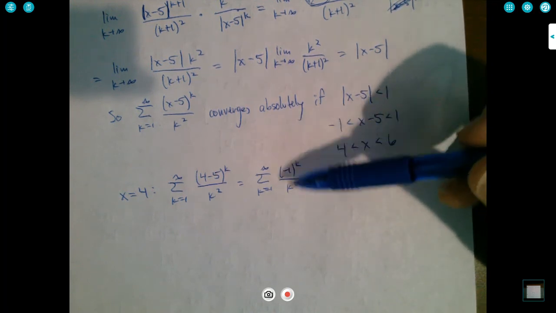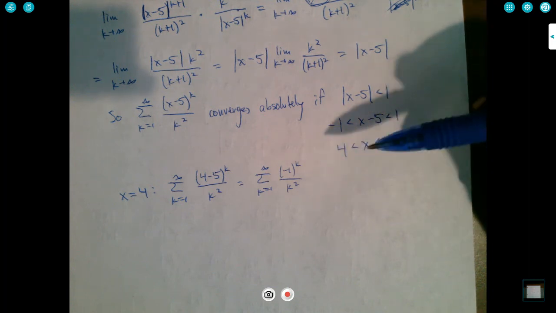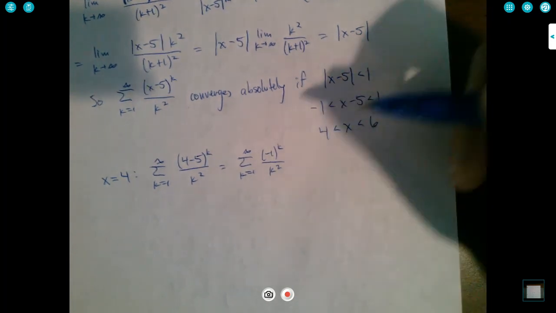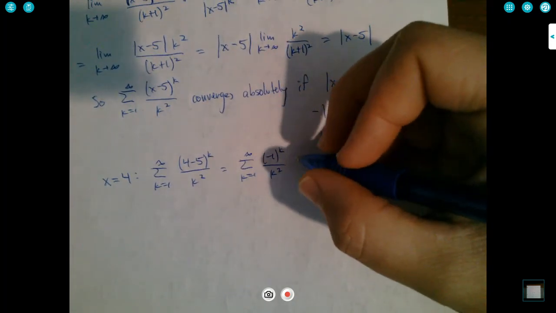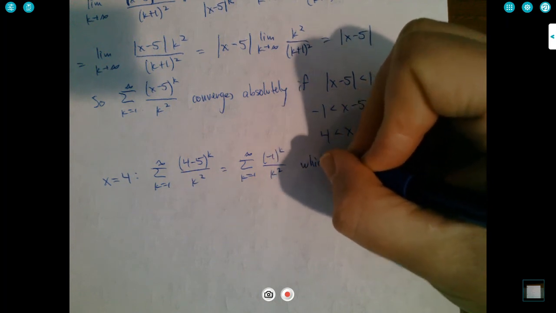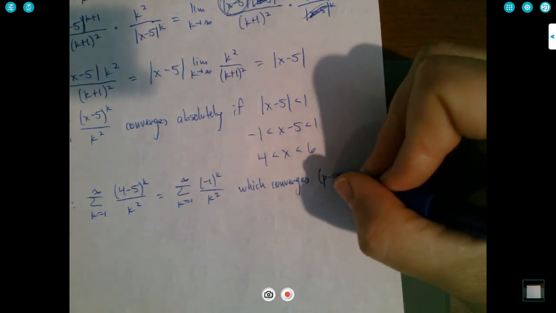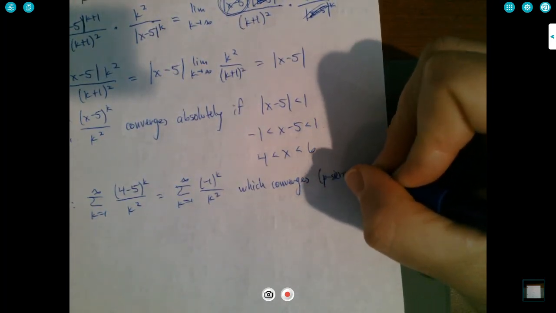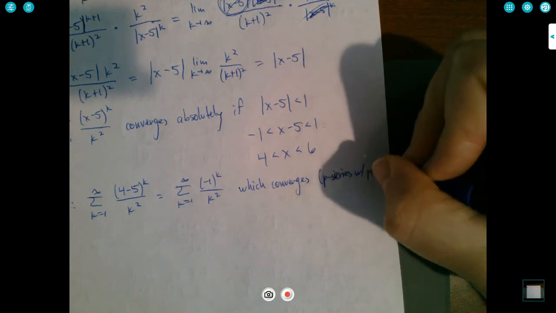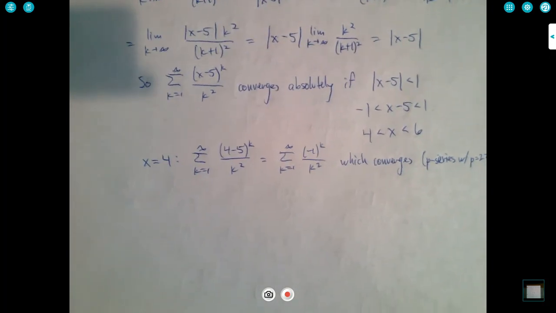The absolute value of this is just 1 over k squared, which is a p series with p equals 2. It converges. So this thing converges. It's a p series with p equals 2, which is greater than 1.